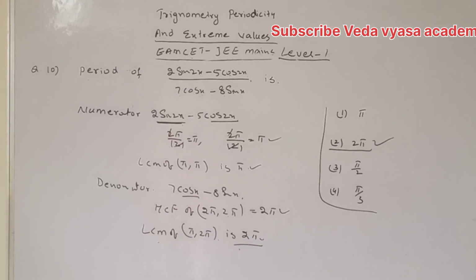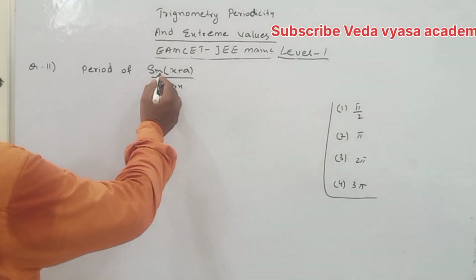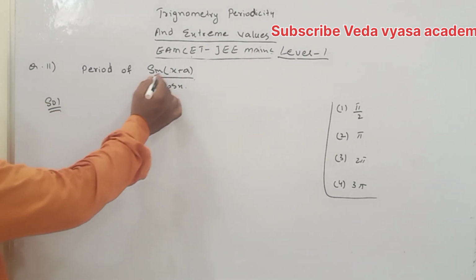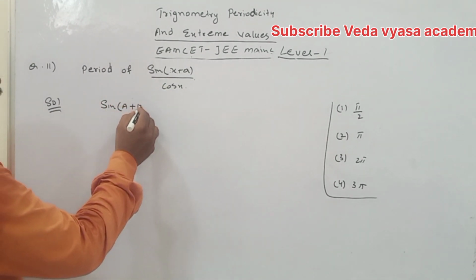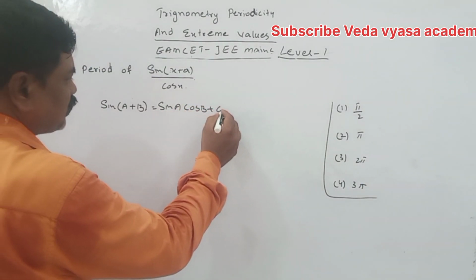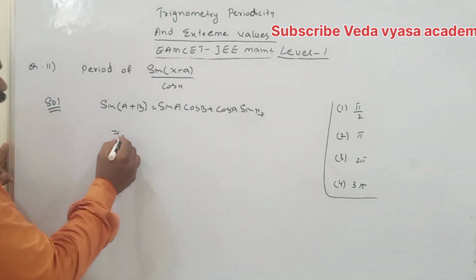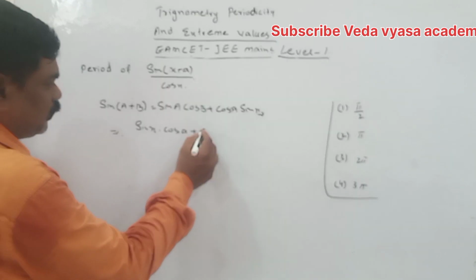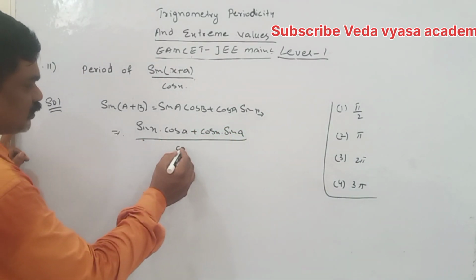Here we have the problem: period of sin(x plus a) by cos x. First you can expand this one. Sin of a plus b is equal to sin a cos b plus cos a sin b. So the numerator can be written as sin x cos a plus cos x sin a, divided by the denominator cos x.